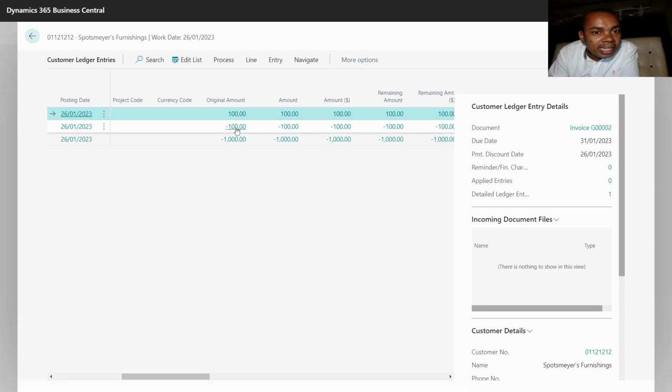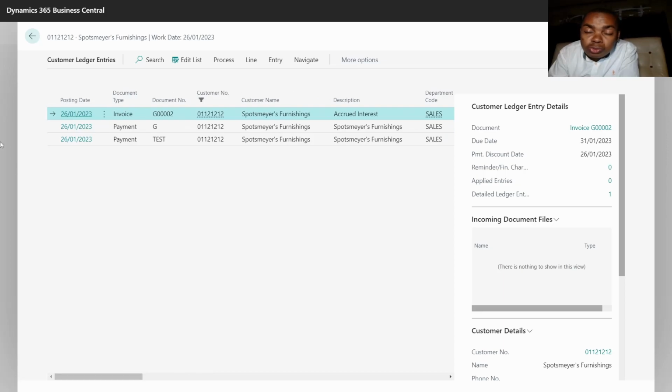If you see a negative, know that that amount is a credit in the system. So that's how you are supposed to know which account you are supposed to debit and which account you are supposed to credit, and the types of journals we have in the system. That is a one-line journal, or we can have a two-line journal. It's also good to populate all the information, like the description, for tracing purposes.